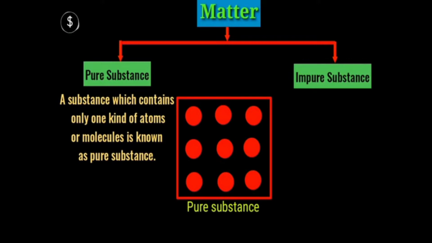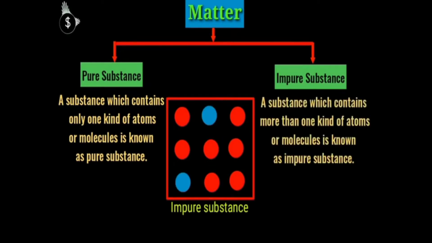So, a pure substance consists of only one kind of atoms or molecules. No other kind of atoms or molecules are involved in that. Then, impure substances are those which contain more than one kind of atoms or molecules. That is an impure substance. As simple and as clear as it looks.